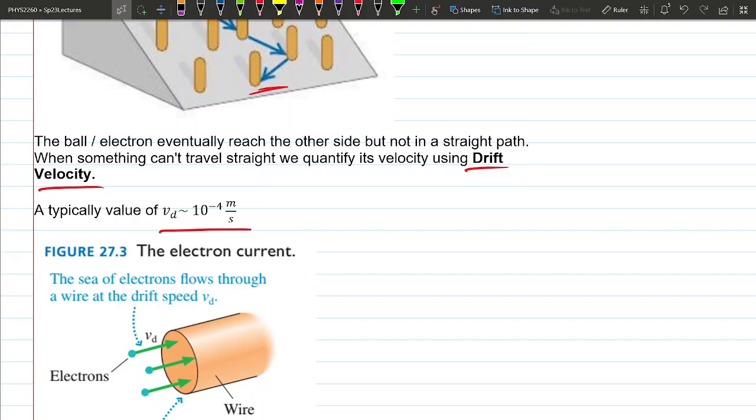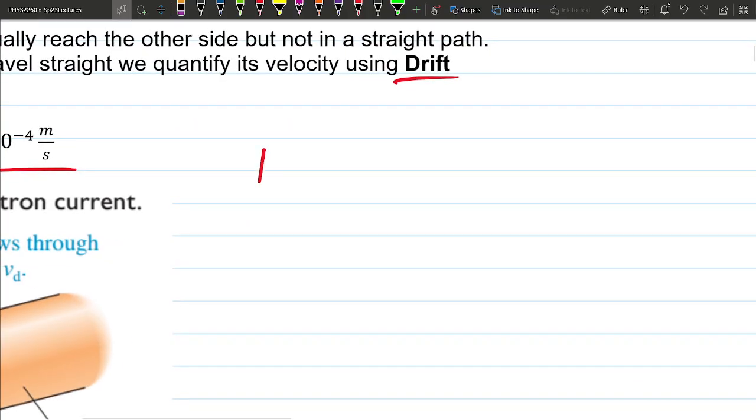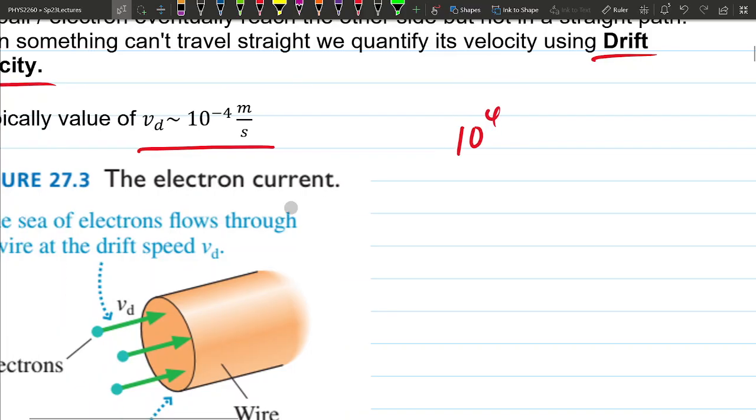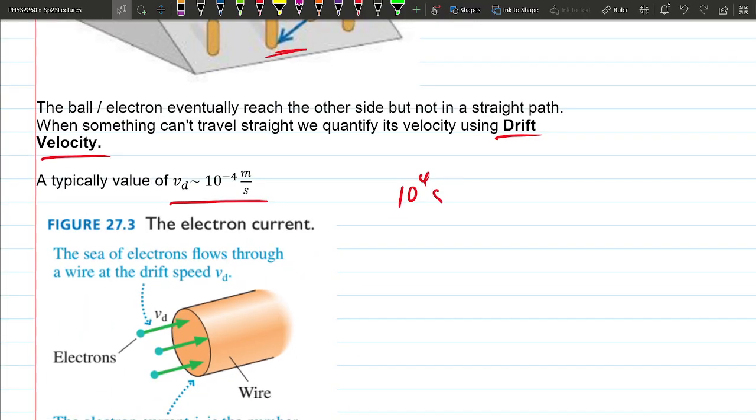How long is 10,000 seconds in minutes? You guys want to estimate what that is? Convert that to minutes. It's 60 seconds per minute. How many minutes is that?